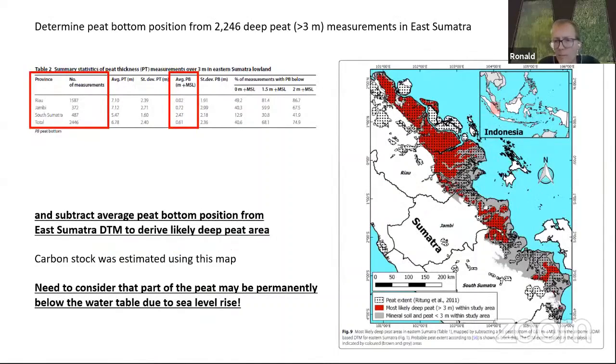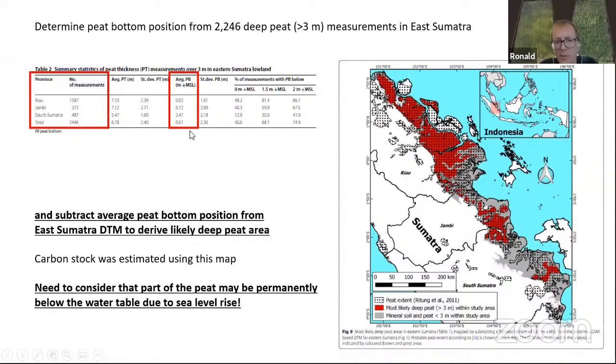So, because we found these good results, we have validated this for the elevation model for East Sumatra, and we determined the peat bottom position from more than 2,000 measurements, where we have found deep peat, so more than 3 meters in East Sumatra. Over here you find the statistics.